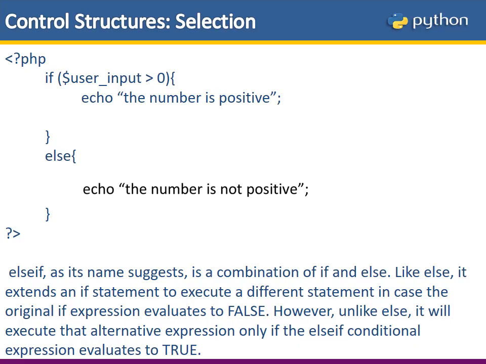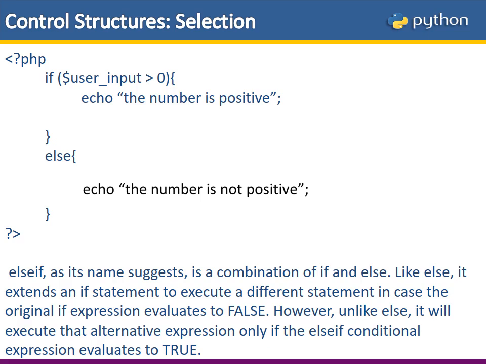You can see that for PHP it's similar and related to Python. Else if, as its name suggests, is a combination of if and else, which is almost the same thing as in Python, but just that in Python you write it as elif, but in PHP you write it in full, else if.